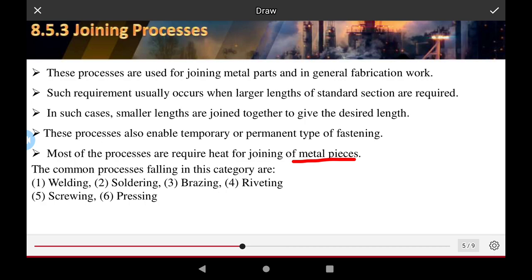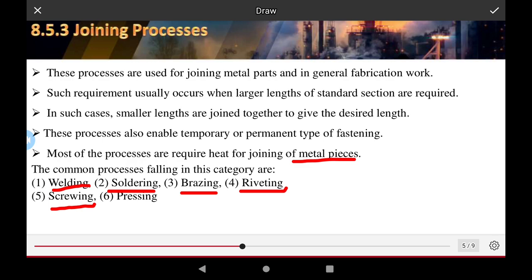The common processes in the joining category are welding, soldering, brazing, and riveting. The riveting process is the joining of two metal pieces with the help of repeated application of force, and it is used for joining similar and dissimilar pieces.